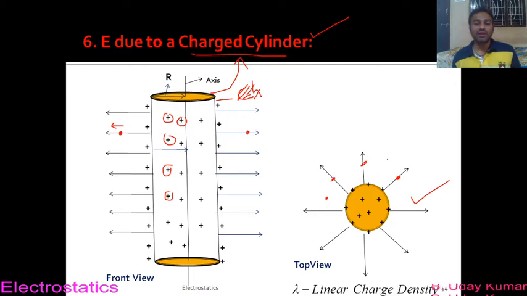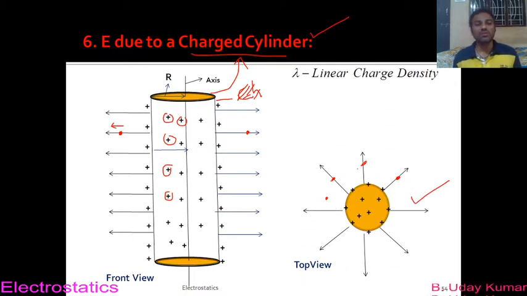Anyway, now, as I already mentioned, there are different types of charge distributions, right? One is linear charge distribution, another is surface charge distribution, and the third is volume charge distribution. Under which distribution our system comes, that we try to understand. This is a charged cylinder, right? Let us assume that its length is infinite.